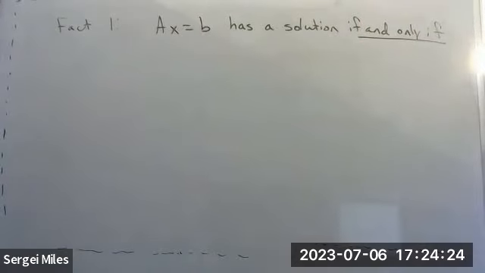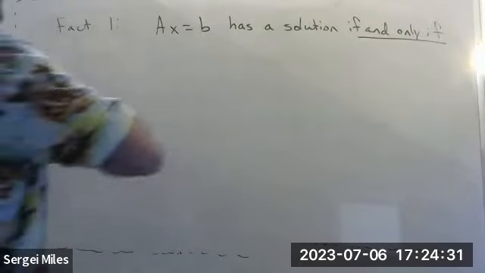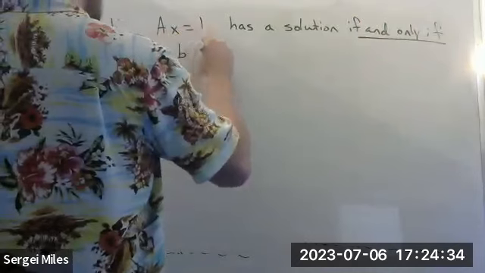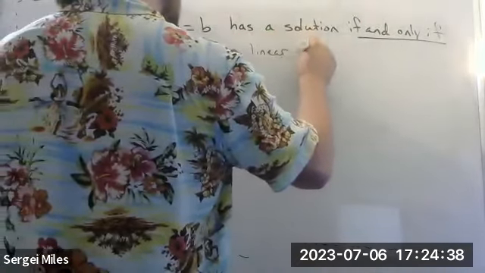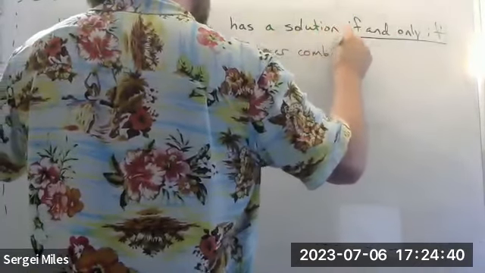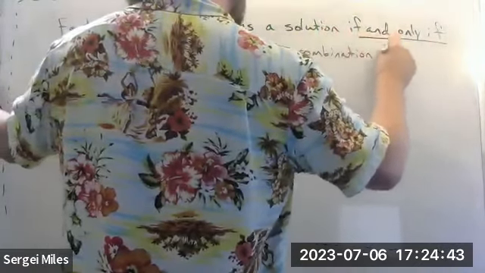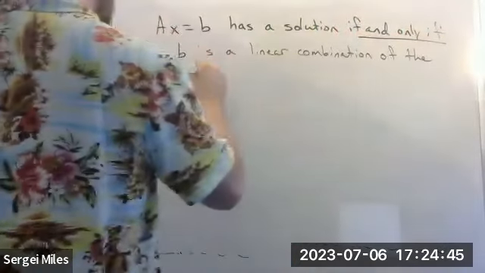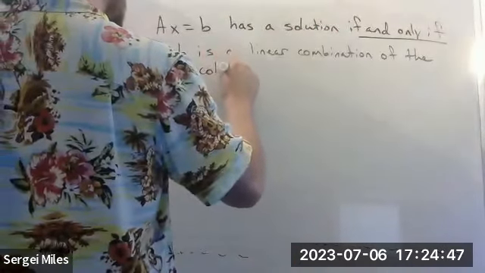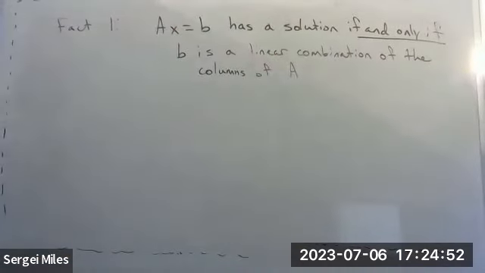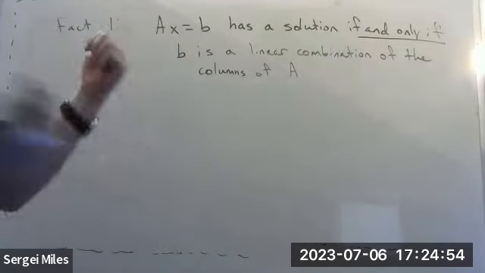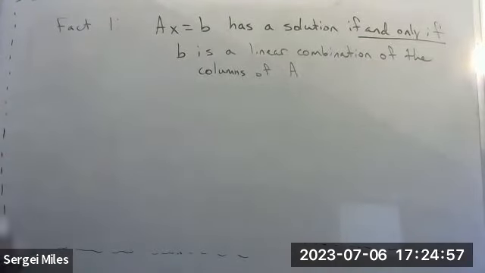They imply one another. The fact that Ax equals b has a solution implies that b is a linear combination of the columns of A. So as we're adding new vocabulary, we're going to try to start tying all of the vocabulary together.